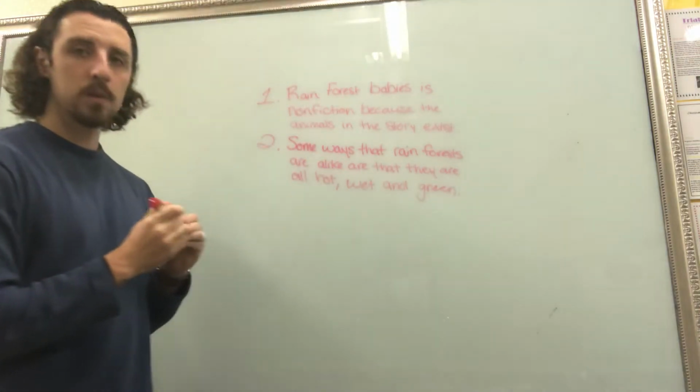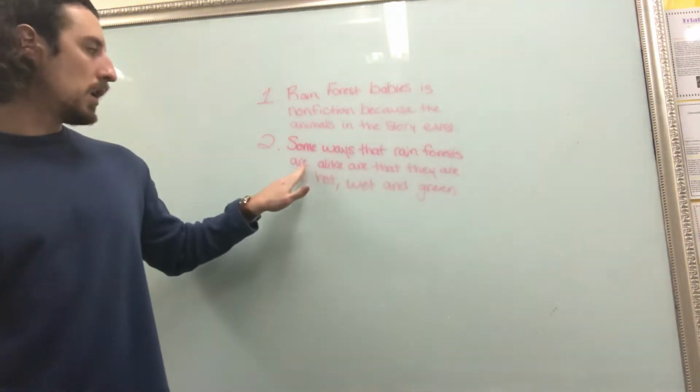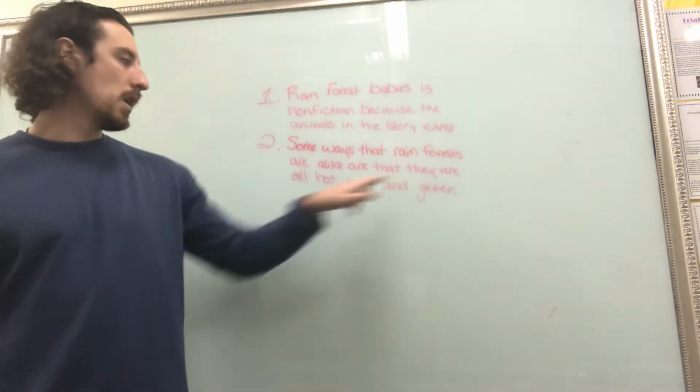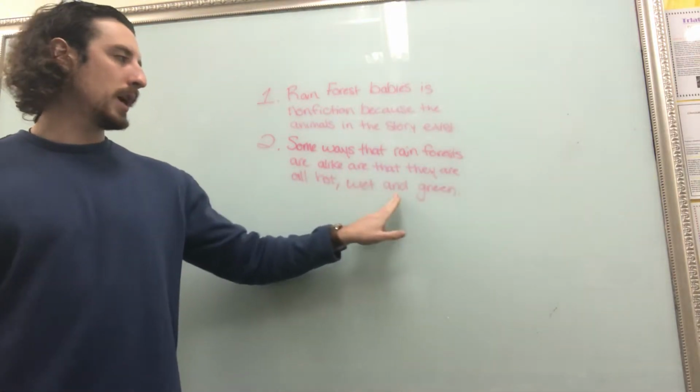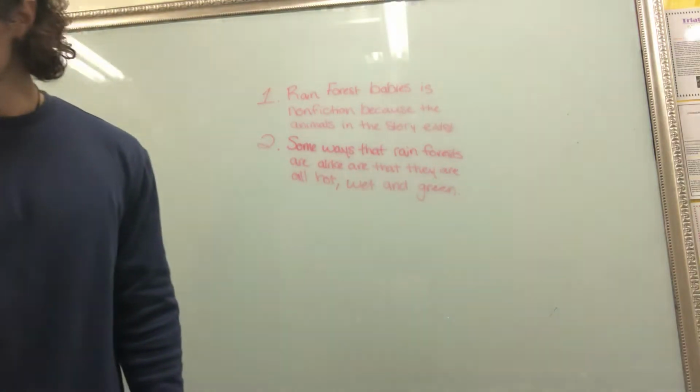Okay? Some ways that rainforests are alike are that they are all hot, wet, and green. Okay? That's answer number 2.